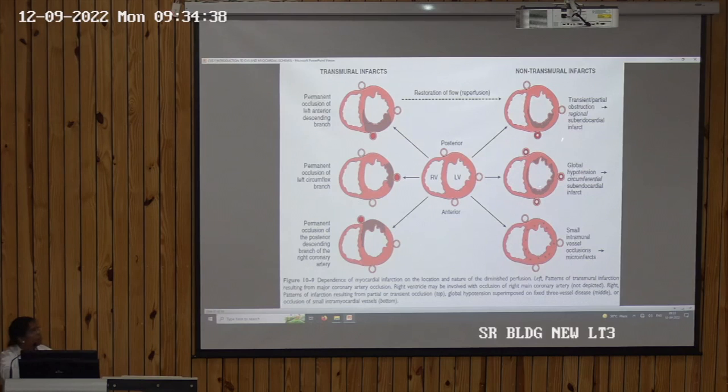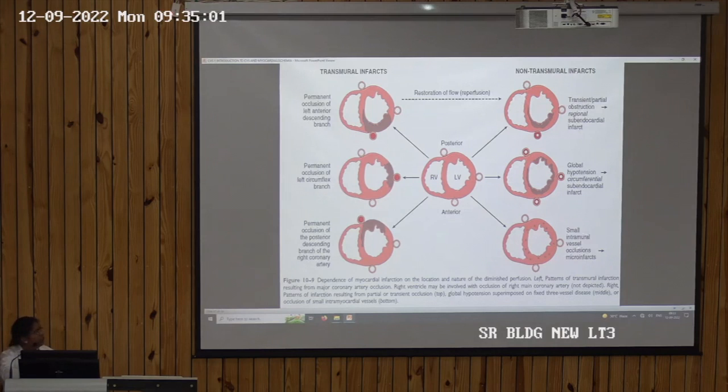And usually in the subendocardial infarct, when necrosis occurs and an ECG is done, ST segment elevation is not present; rather, ST depression may be seen. So this is known as non-ST elevation myocardial infarction. There may also be multifocal infarcts.